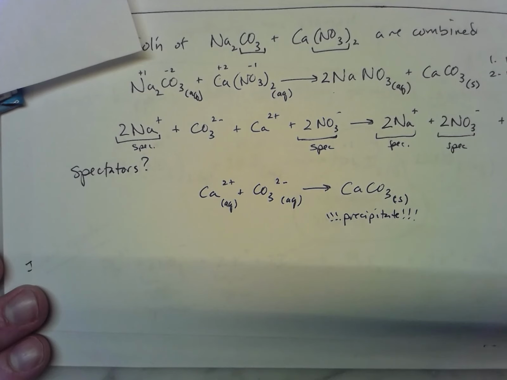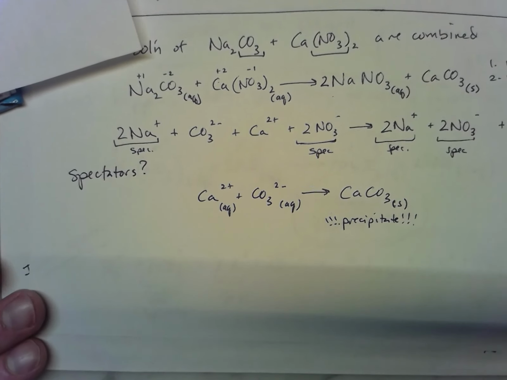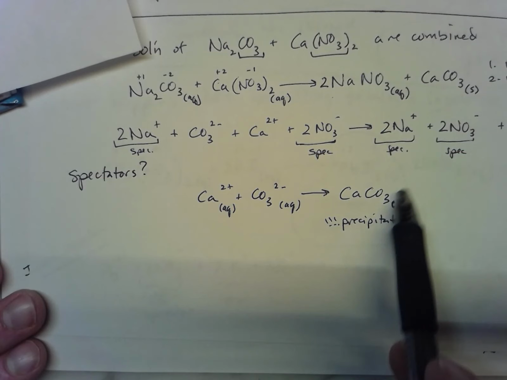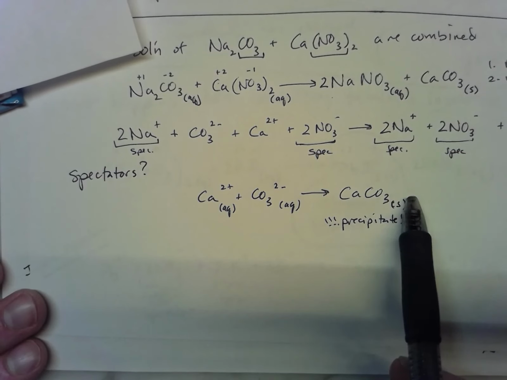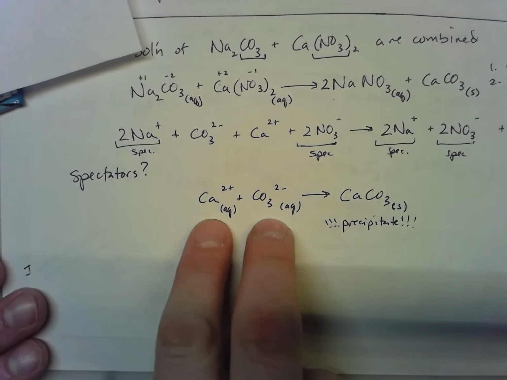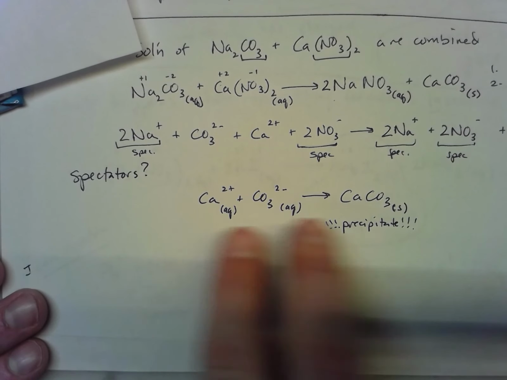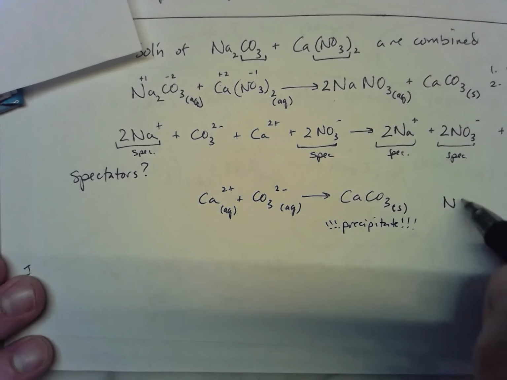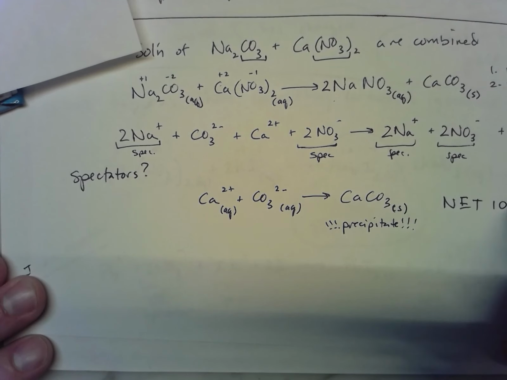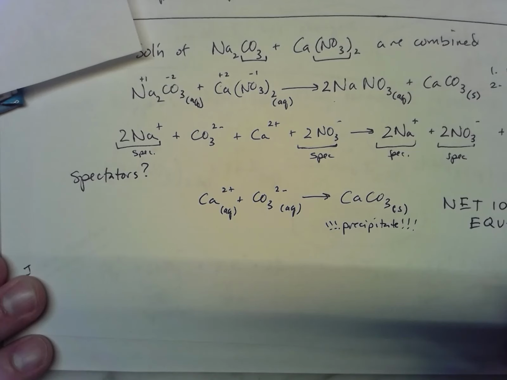Okay? All right, so what's the pattern here that we see? We see that the thing that's the precipitate, the 2 ions that make it up, are the only things that are left in the net ionic equation. Right?